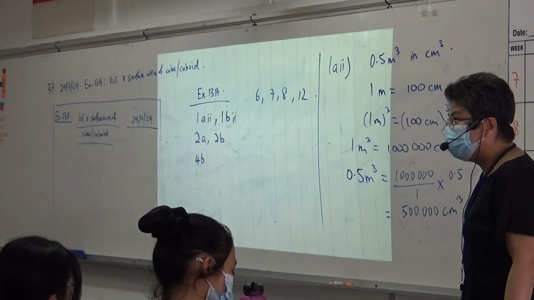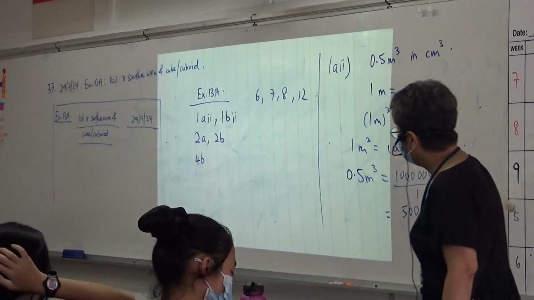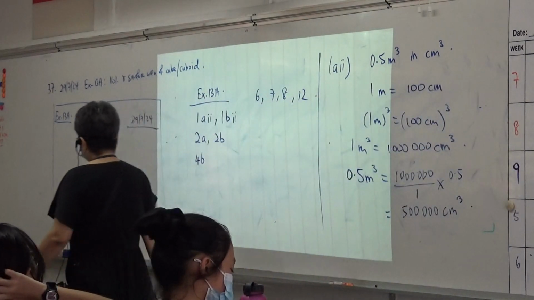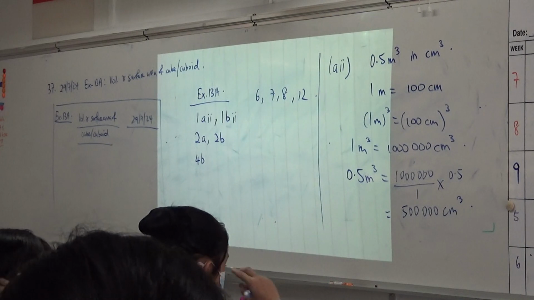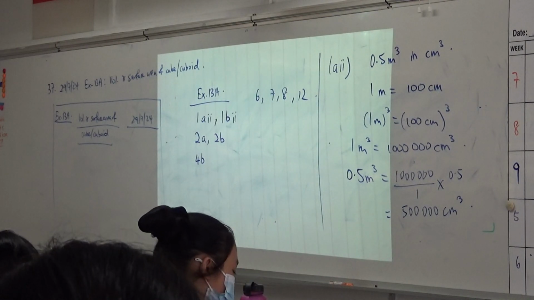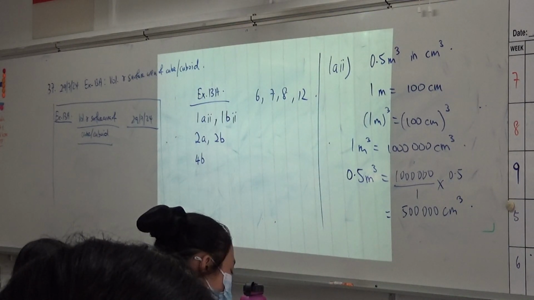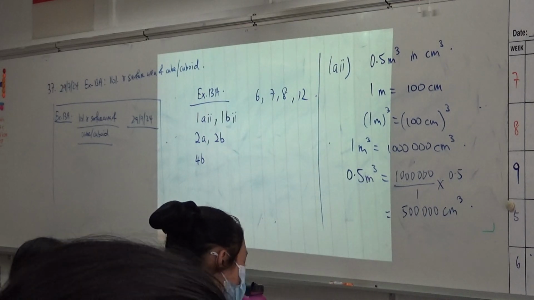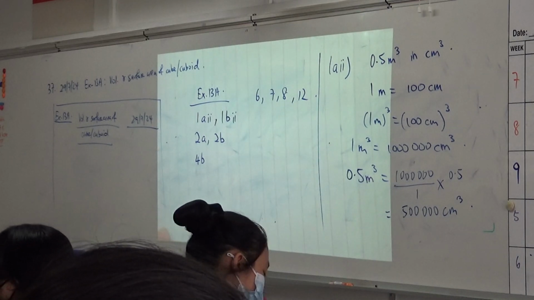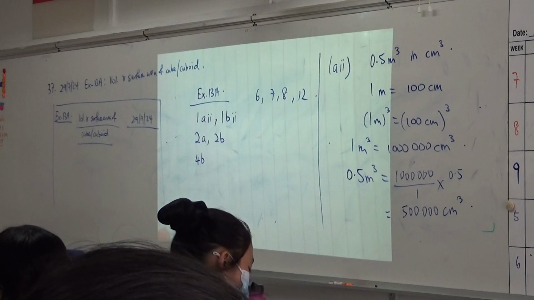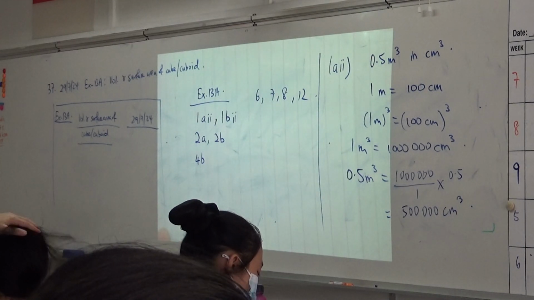Is this a 500,000 cm cube? Okay. Alright, good. Next question.